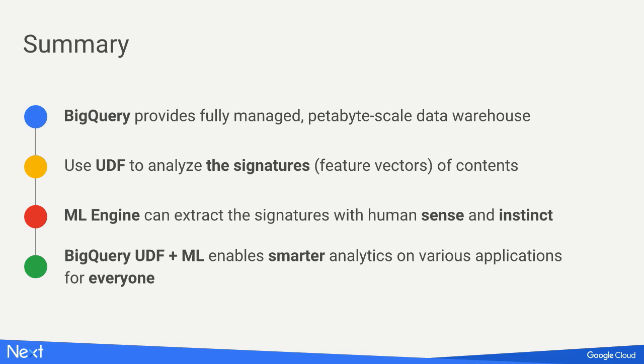You can combine the UDF with the ML Engine to extract signatures by using the training data set created by humans, so that you can extract the sense or instinct of humans and realize smarter analytics. And these techniques, UDF plus ML, are available for any kind of user in the enterprise. You can allow all enterprise users to take advantage of the power of machine learning for everyday tasks.